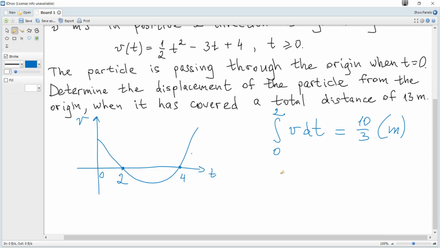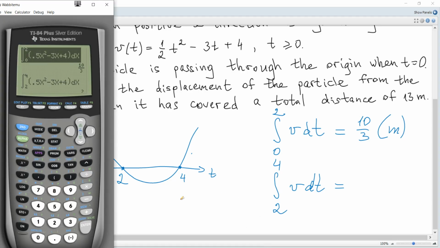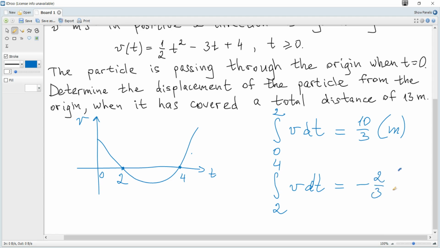And if you calculate the integral from 2 to 4 of v dt, which is also displacement, you get that it's negative. Why? Because you can see that velocity is negative, which means the particle is moving to the left, and using a calculator, you can see that it's -2/3.